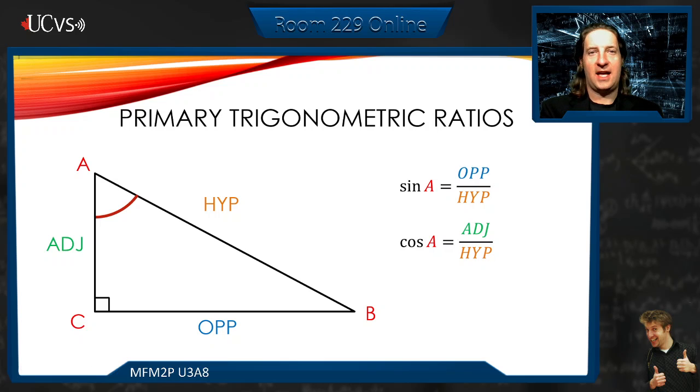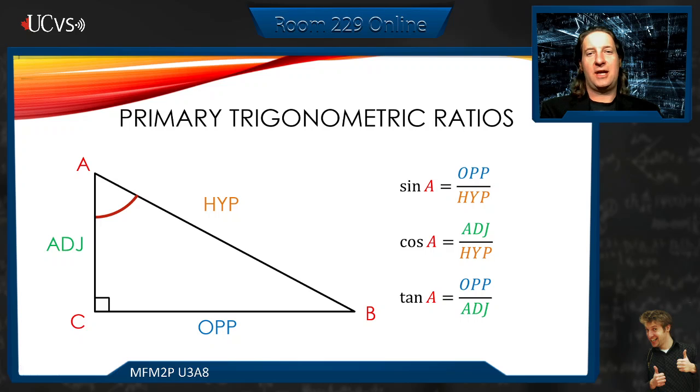That was cosine A, and opposite divided by adjacent we called tan A, tangent of the angle A. And remember, these are just numbers. I can plug in a number for my angle, like 40 degrees, into my calculator and it gives me a number. That number represents the ratio of those sides.